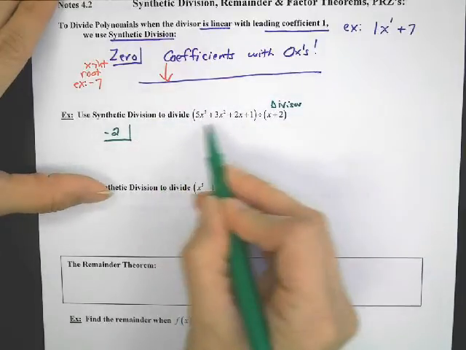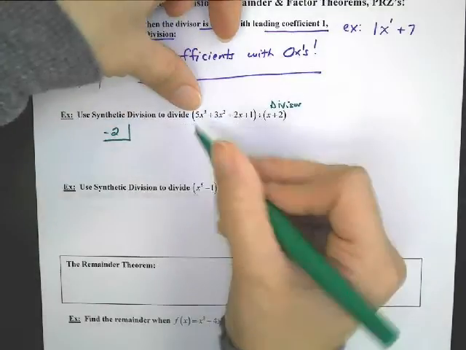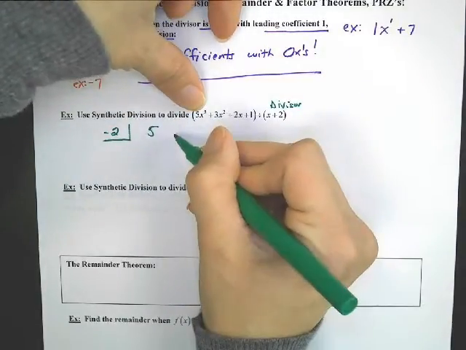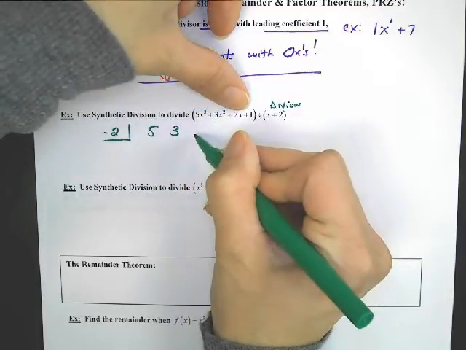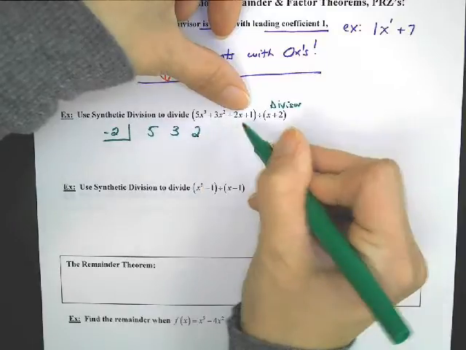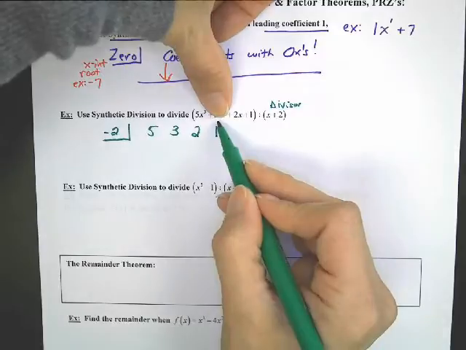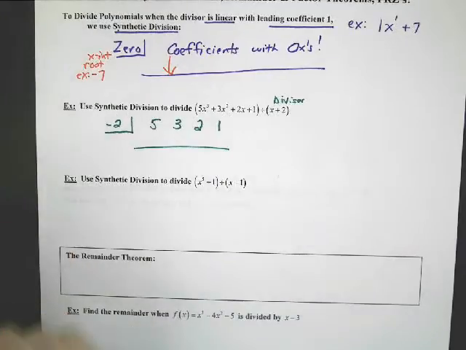Now I need to put all the coefficients of this polynomial with the x's. If it starts off as 5x to the third, I need the coefficient for x squared. Perfect, it's a 3. I need the coefficient for plain x. That's a 2. The constant, 1. Now what if it didn't have one of these terms? Then you would need to put a 0. So we're all set up for synthetic.